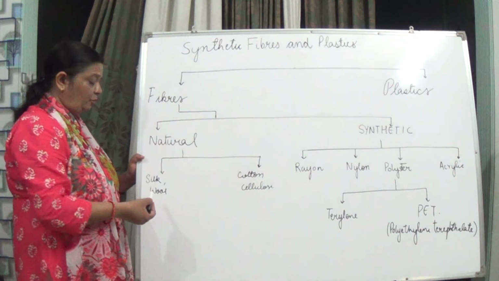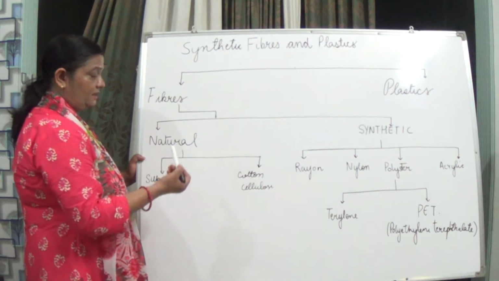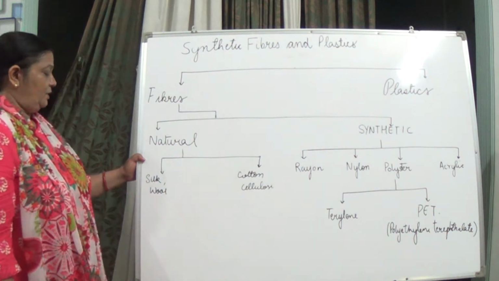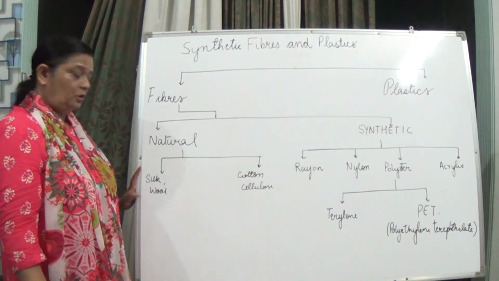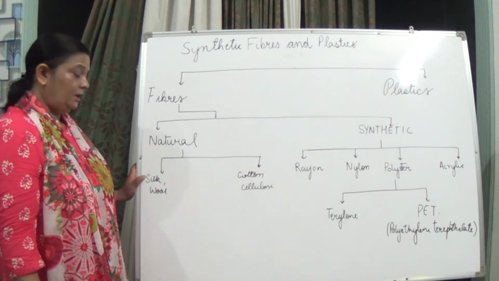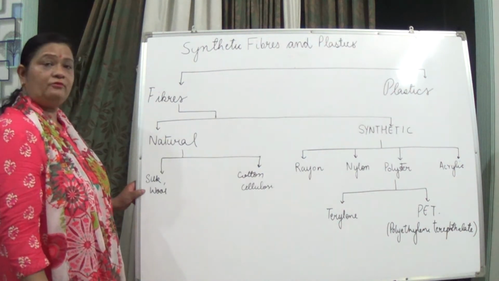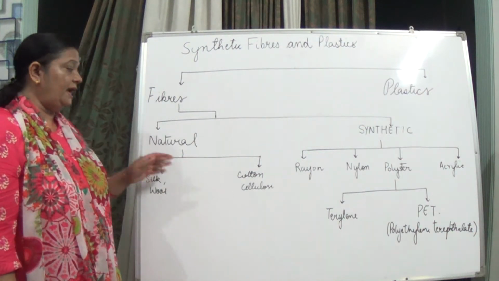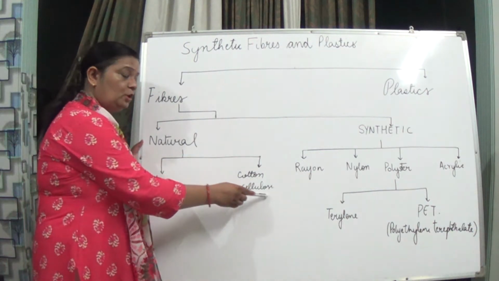Natural fibers we can obtain are silk, wool and cotton. Silk is obtained from the silkworms, wool mainly from the sheep, cotton from the cotton plants.